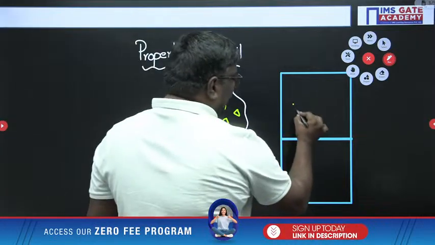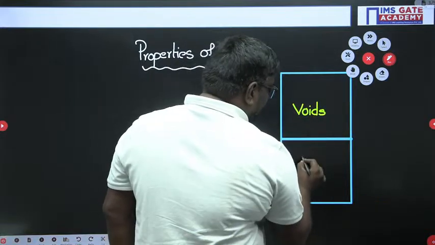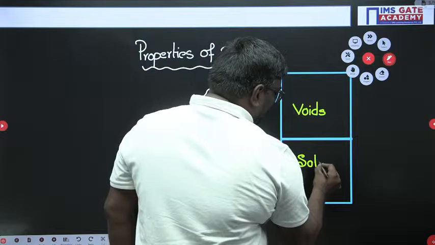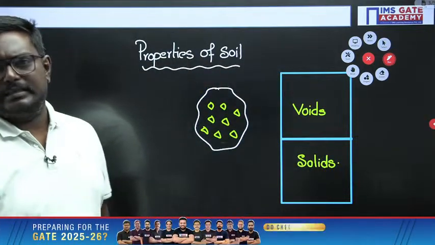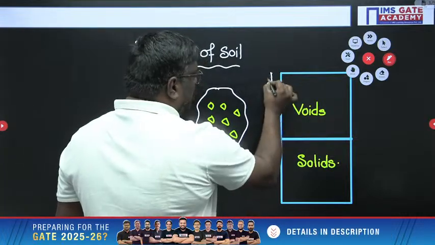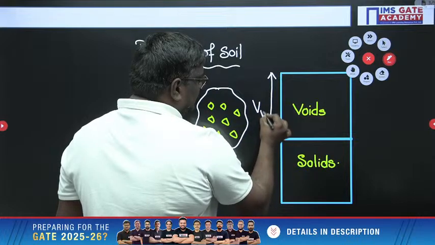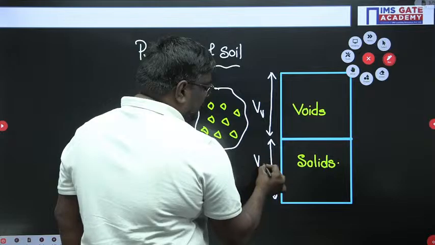If I take this diagram, this has voids and this is solids, and solids are nothing but the soil particles. So we can assume this as volume of voids, and this as volume of solids.